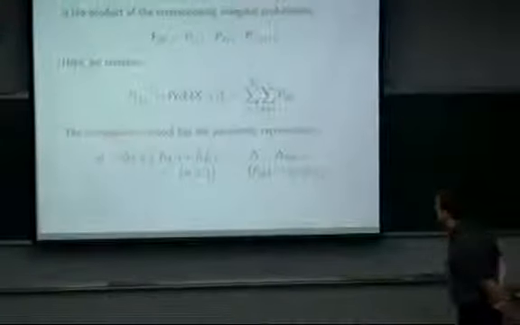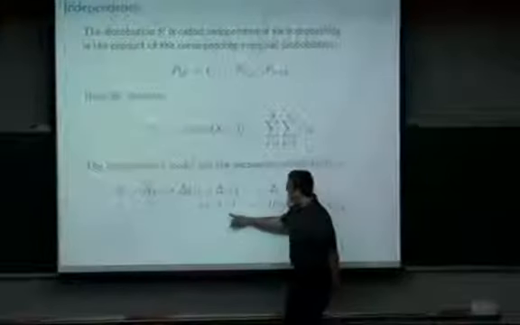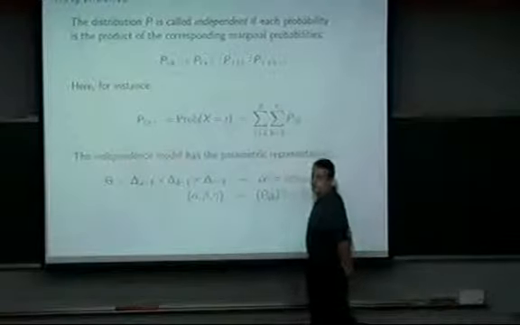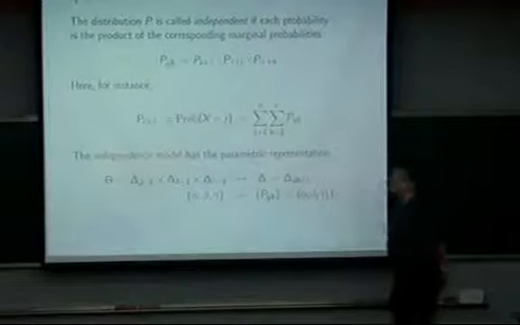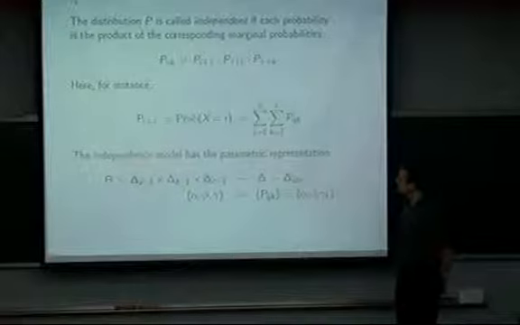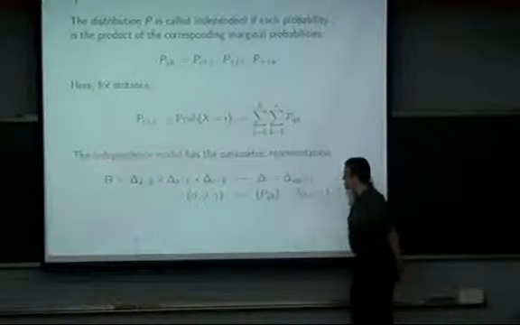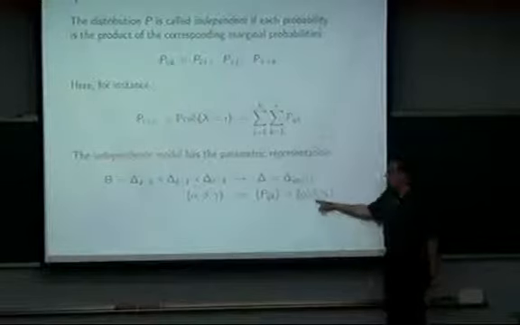So what I've given you, according to the wiki, is a parametric representation. The parameters of this model, alpha, beta, gamma, are simply distributions, points, in the simplices of dimension a minus 1, b minus 1, and c minus 1. And then the joint distribution is calculated by multiplying them together.